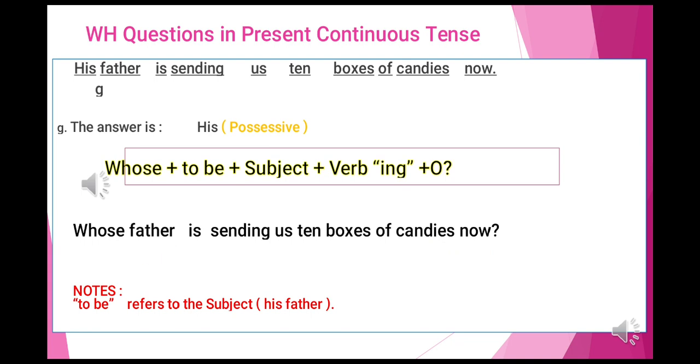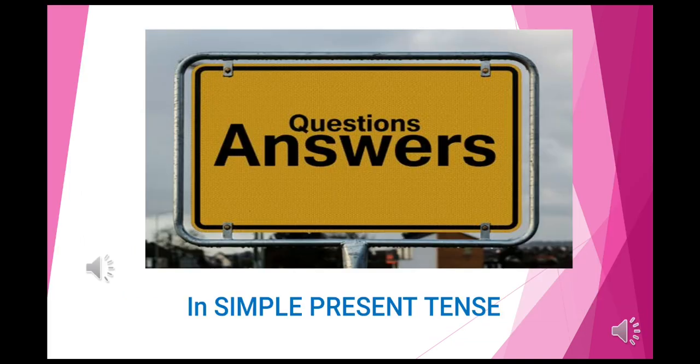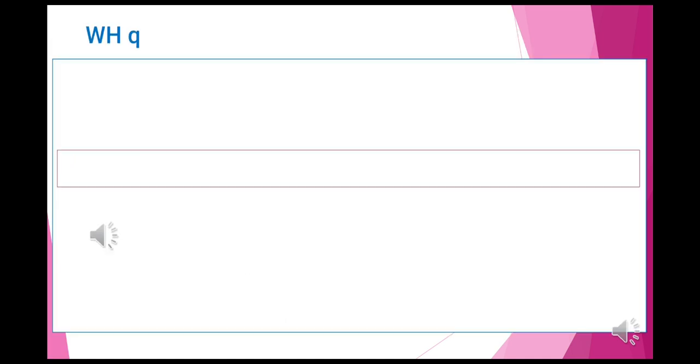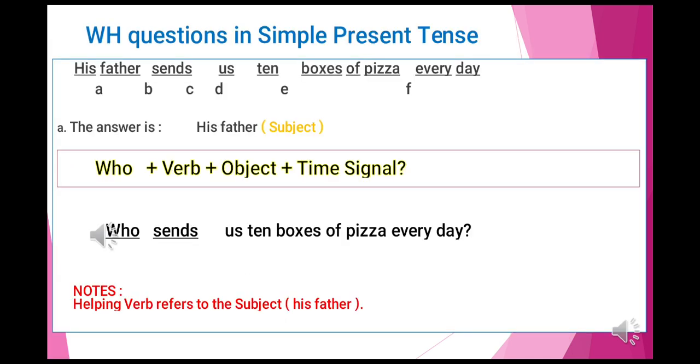Okay, that was the last page about WH questions in present continuous tense. Now let's move on to WH questions for simple present tense. As I told you before, if you want to make questions in simple present tense, we're going to need do or does for questioning.